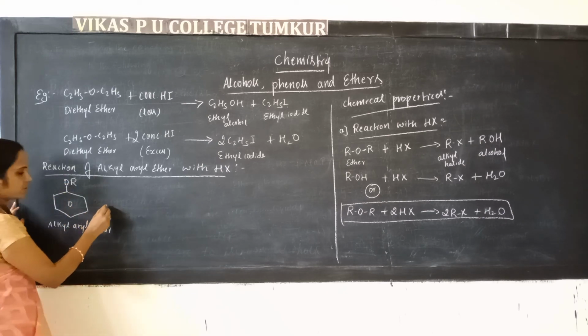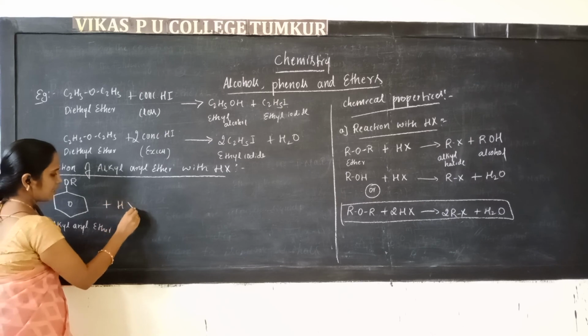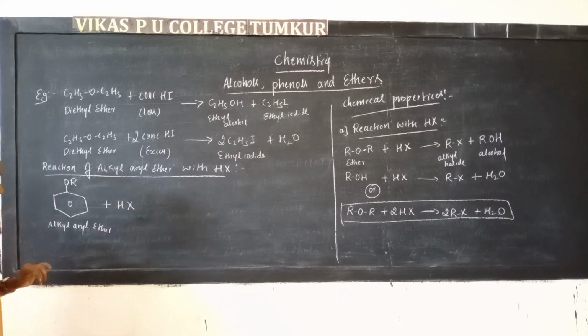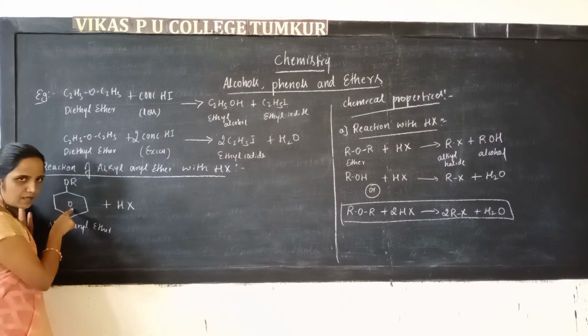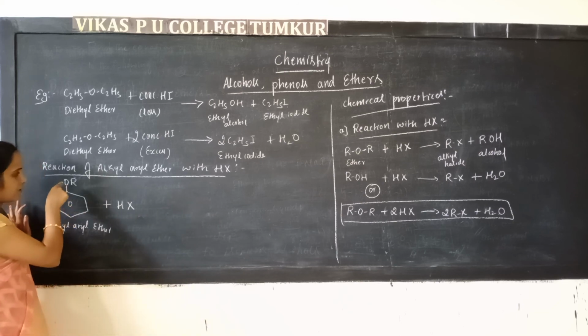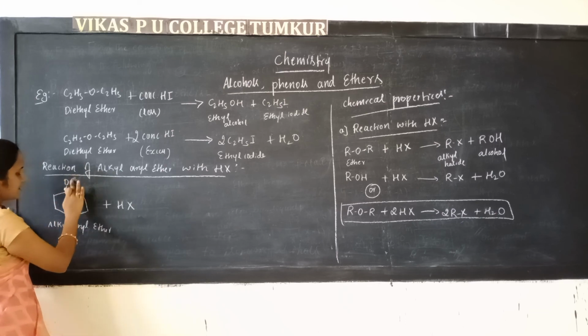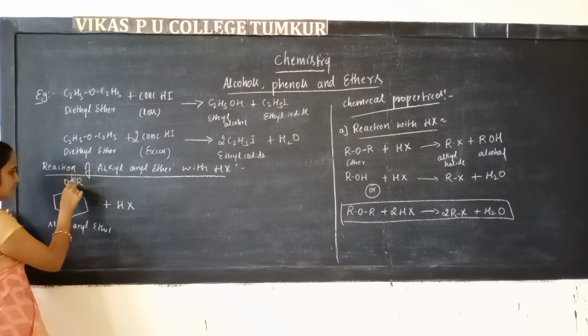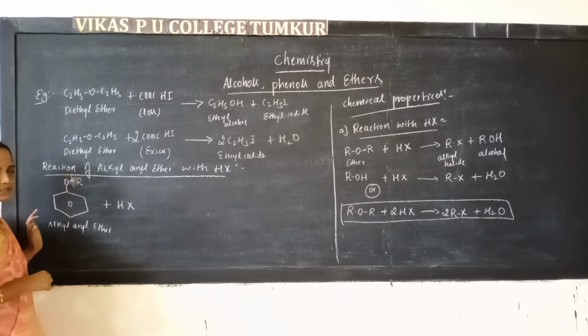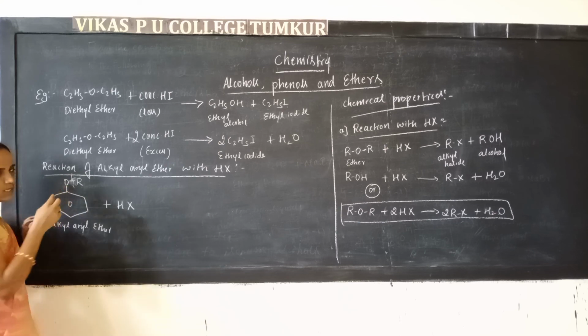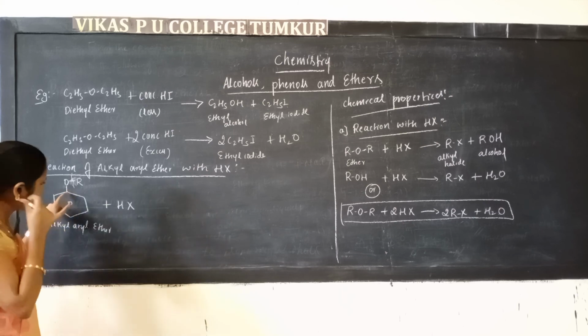This is going to be treated with the hydrogen halide. Here, instead of breaking the aryl oxygen bond, it breaks the alkyl oxygen bond. This bond is not broken because it is more stable.